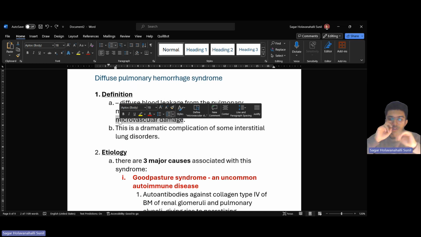So in a simple sense, the lung is made up of alveoli, right? And the alveolar walls are nothing but the septa.